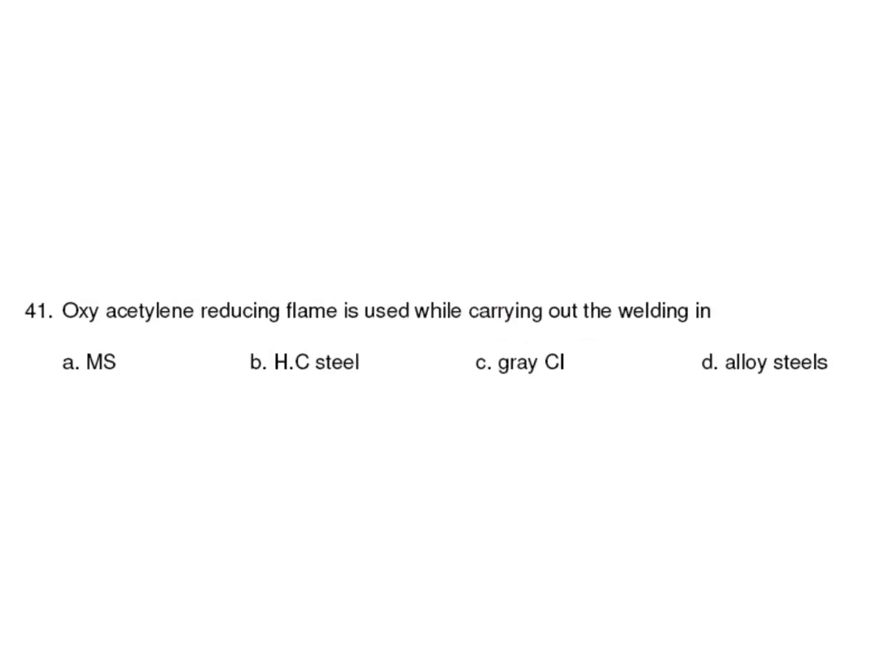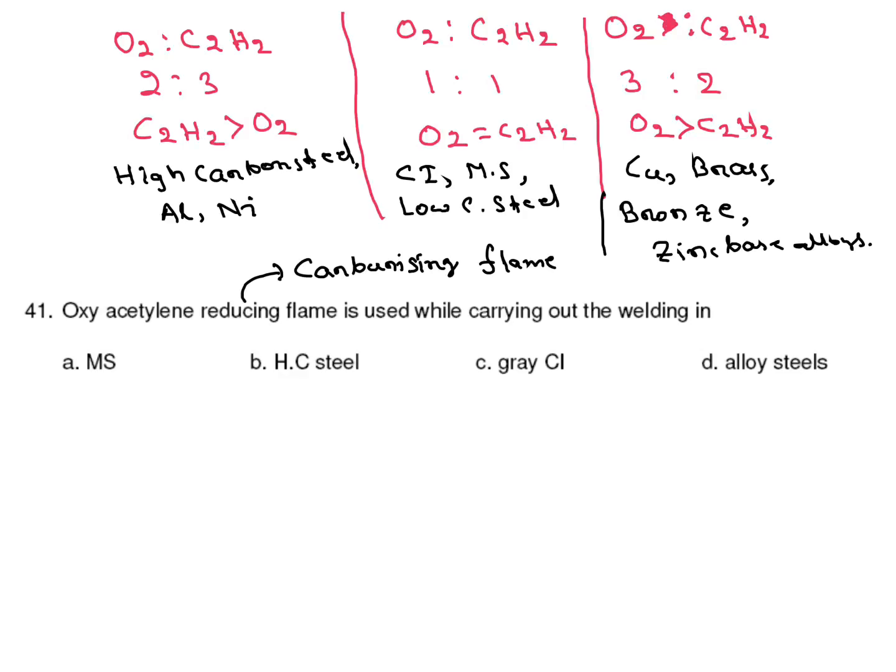Question is, oxyacetylene reducing flame is used while carrying out the welding in reducing flame. We know reducing flame we can also call a carburizing flame. Here the ratio of oxygen to C2H2 is 2:3. This is the carburizing flame, and 1:1 is the ratio in a neutral flame.